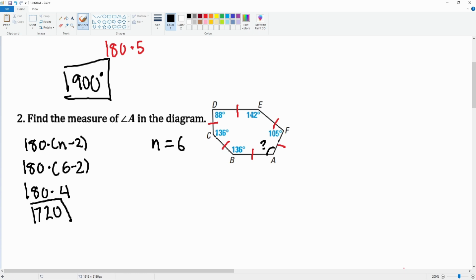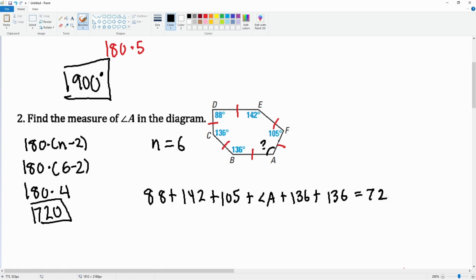This is the total. We know that we have 88 plus 142 plus 105 plus our question mark, which is just angle A, plus 136 plus 136 is equal to 720. Let's combine all those like terms: 88 plus 142 plus 105 plus 136 plus 136.